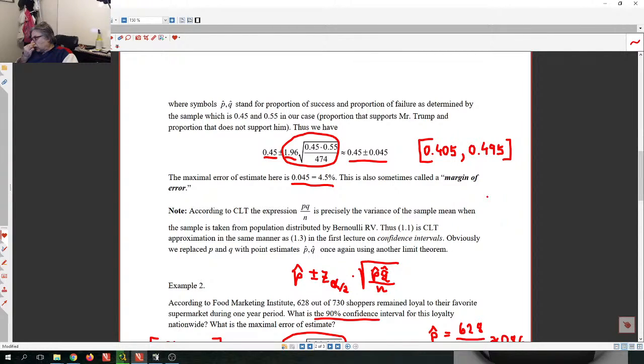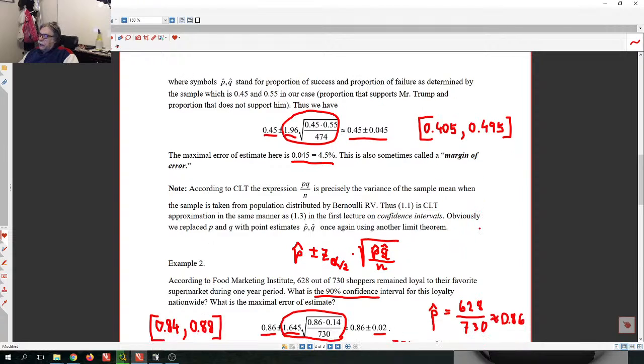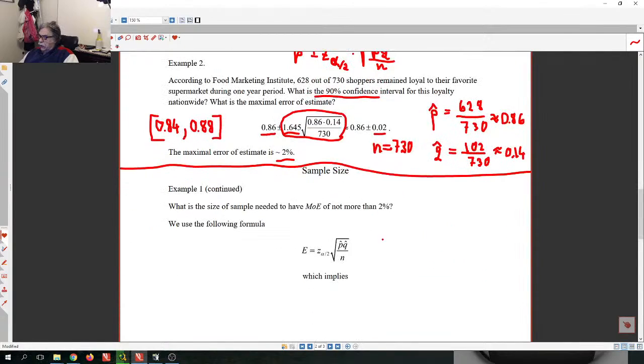So if you want to improve the estimate, as in getting margin of error smaller, then you would say that you're not going to allow margin of error to be bigger than some kind of error tolerance that you want to have, let's say 2%.